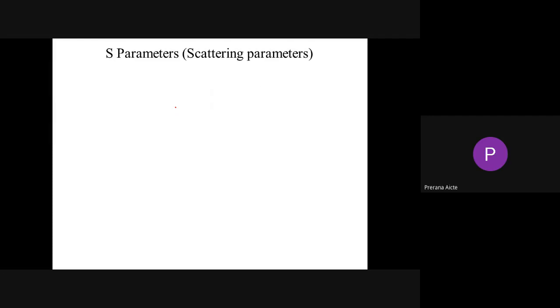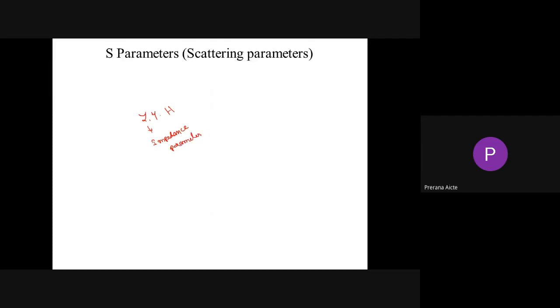Now, next, S parameters. S parameters are also called scattering parameters. Before going to S parameters, as we know, there are Z parameters, Y parameters, and H parameters. The Z parameters are also called impedance parameters.